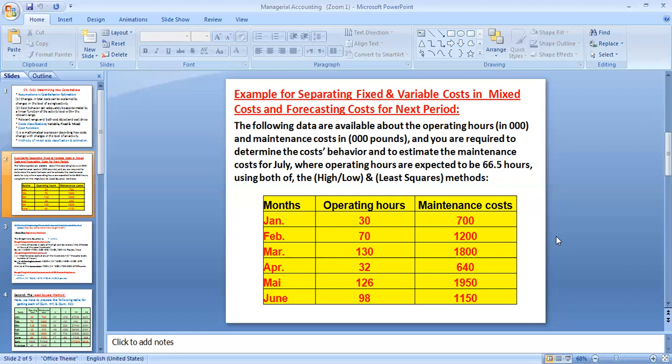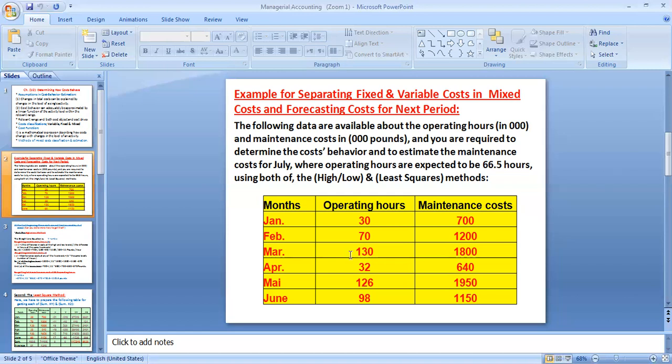The example: the following data are available about the operating hours in 1,000 and maintenance costs in £1,000. Why in 1,000? I will tell you. And you are required to determine the cost behavior, and to estimate the maintenance cost for July.